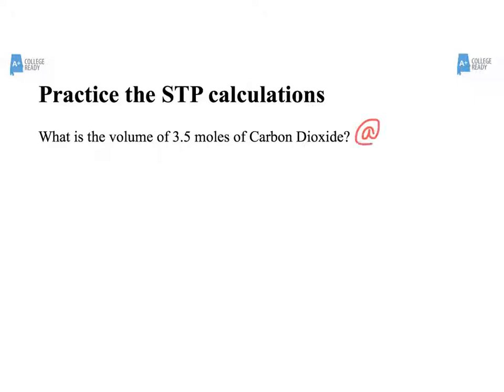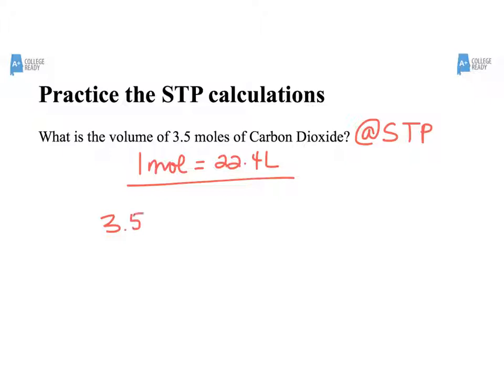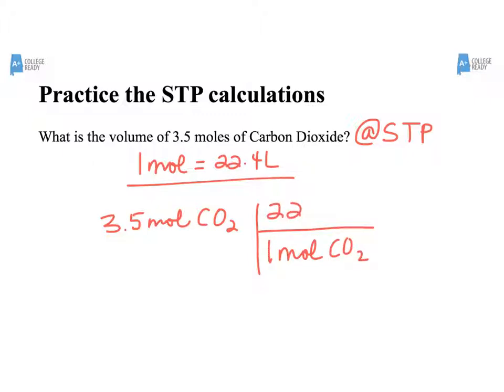So if we are at STP, then we can use the relationship 1 mole is equal to 22.4 liters. So we're just going to use that as a conversion factor. So we're going to start with 3.5 moles of carbon dioxide. And for every 1 mole of carbon dioxide, that takes up 22.4 liters of space.